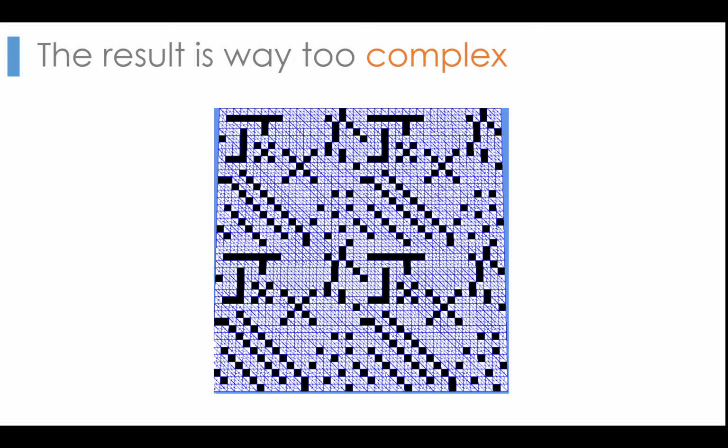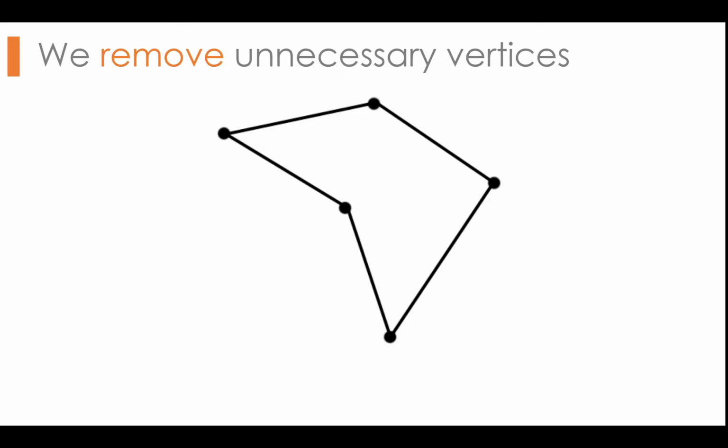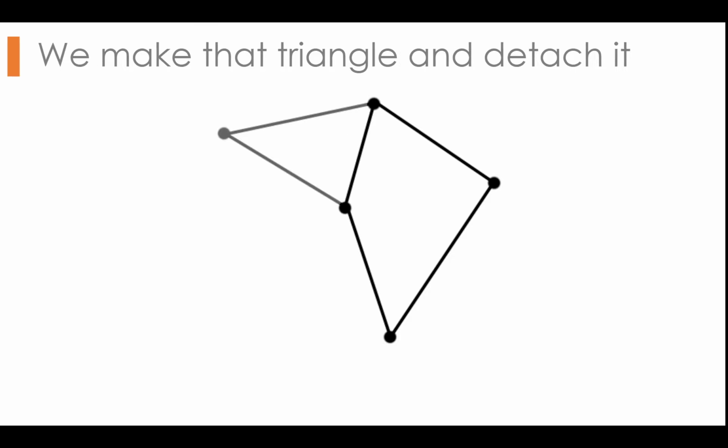So we needed to simplify this down, and we used a two-step process for that. The first was taking polygons on our nav mesh and just removing all vertices that weren't on the outside edge of the polygon. The second step, once we had the shell of a polygon, was the ear clipping method. How that worked was we took any acute angles we could find on the polygon, we used the two edges that acute angle were a part of to make a triangle, and then we clipped that triangle off of the rest of the polygon.